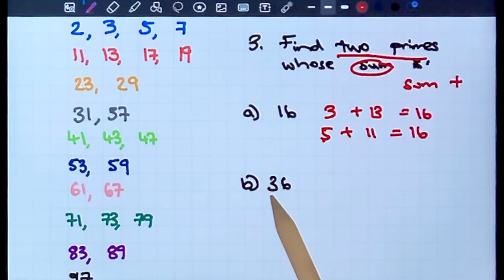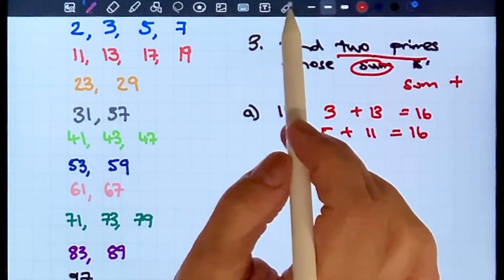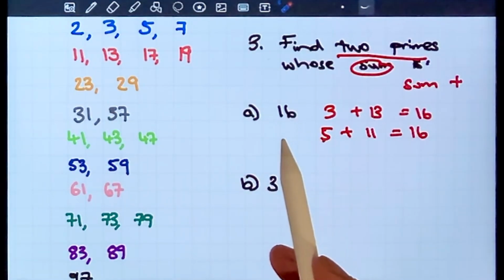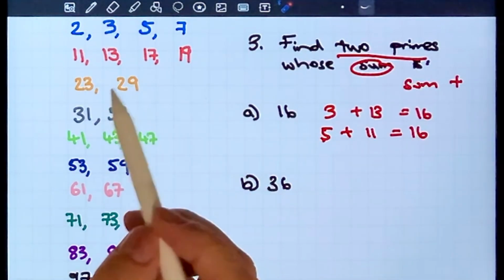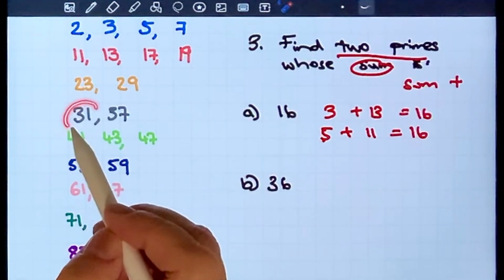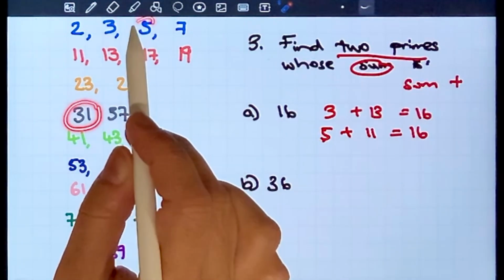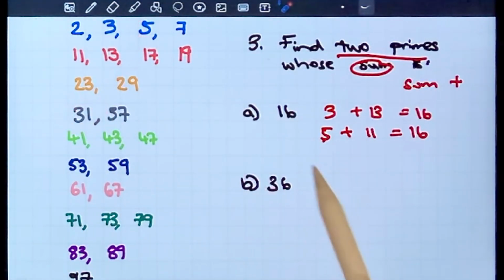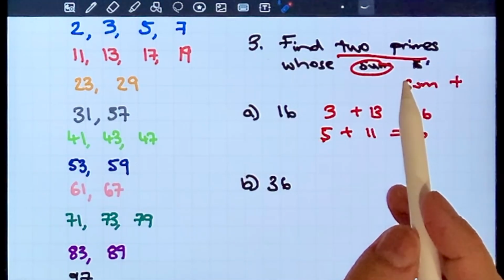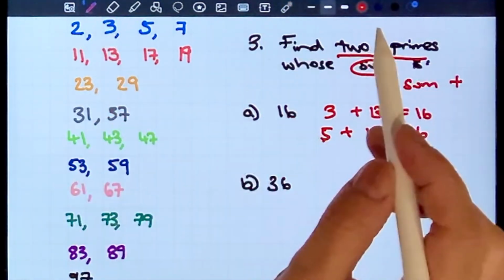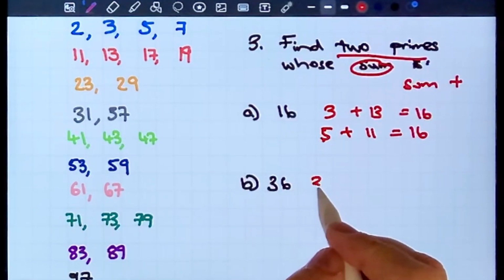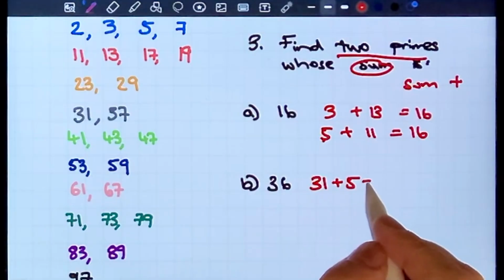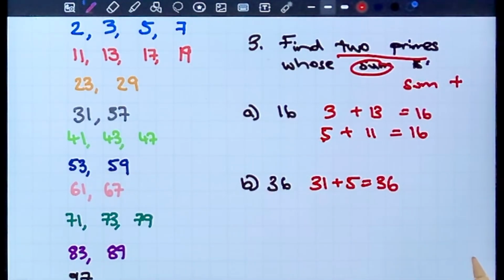Alright, now we're going to do 36. So we're looking for two prime numbers that when you add them, they're going to equal 36. So I'm thinking 31 plus 5 will make 36. So those are two prime numbers that make 36.